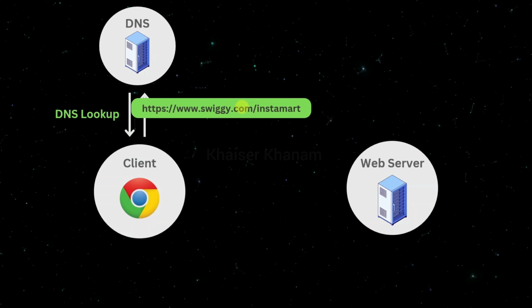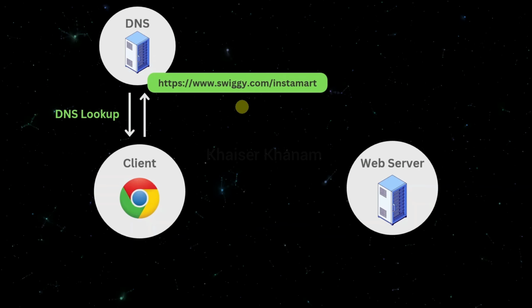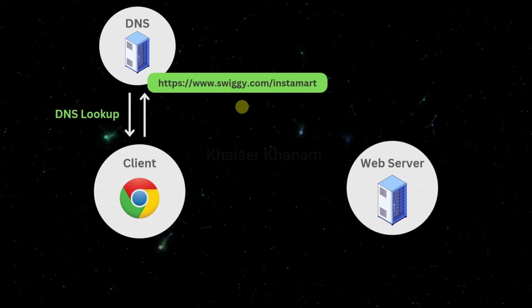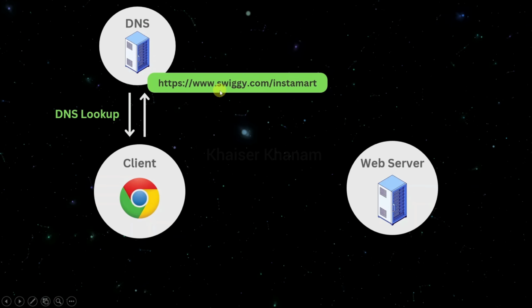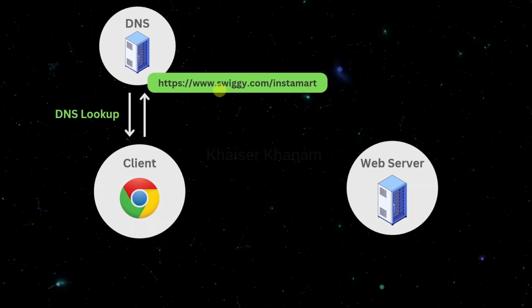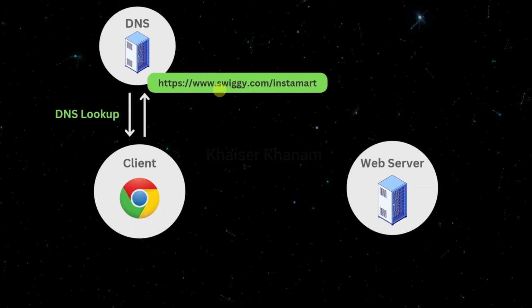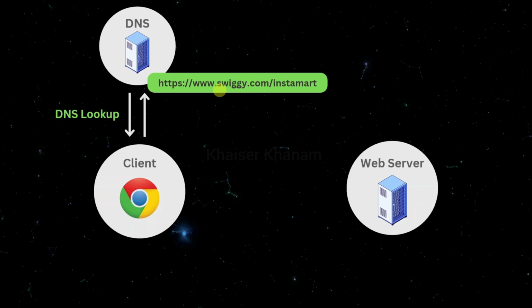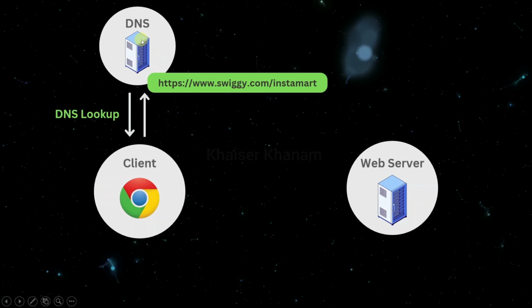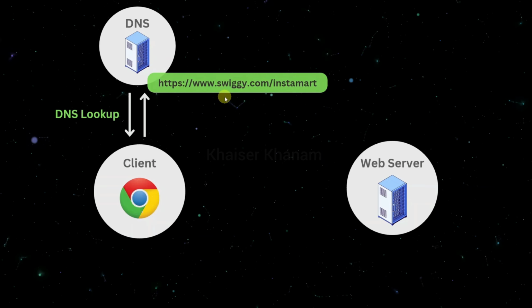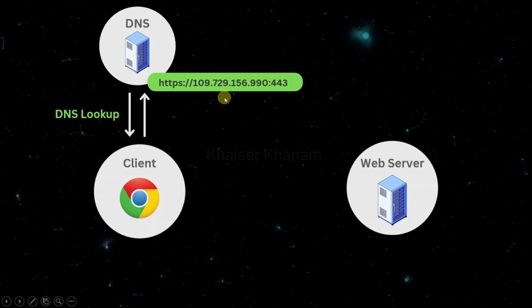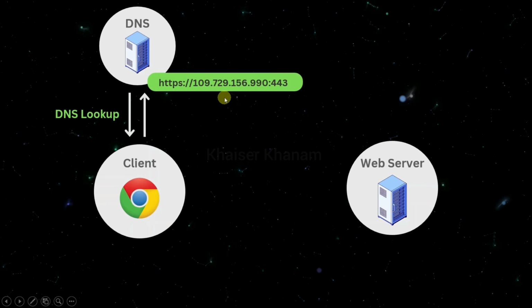And what happens once we make the request in a browser, DNS server will be looking up in its database and it will try to find the exact IP of the website which we are trying to access. And after that, DNS server is going to match the web address of the URL to the real IP address of the server.